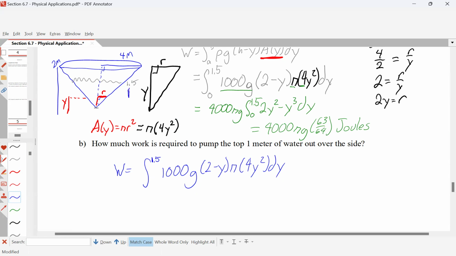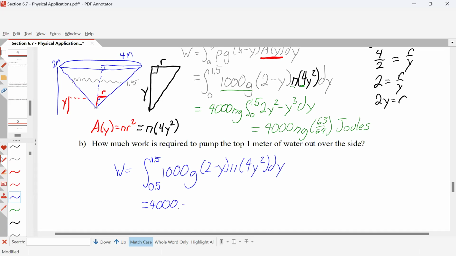So the top is 1.5. If we're only down 1 meter from 1.5, we want to stop pumping water when there's 0.5 meters left in the tank. There's our new integral set up, doing the same constant pull out as before.